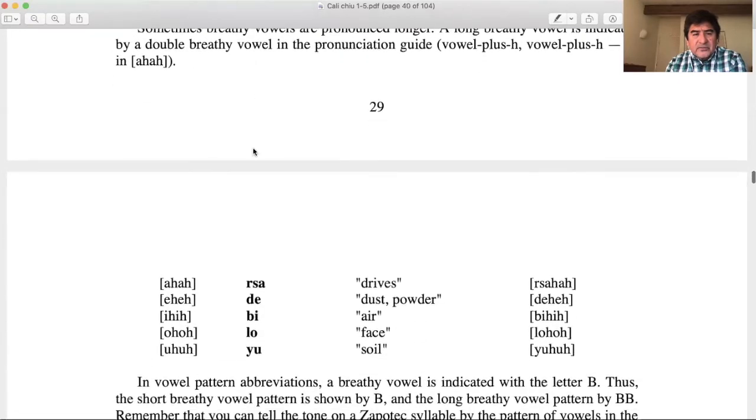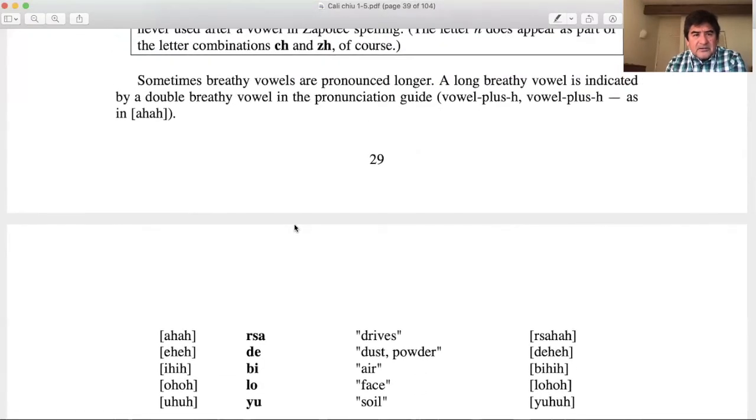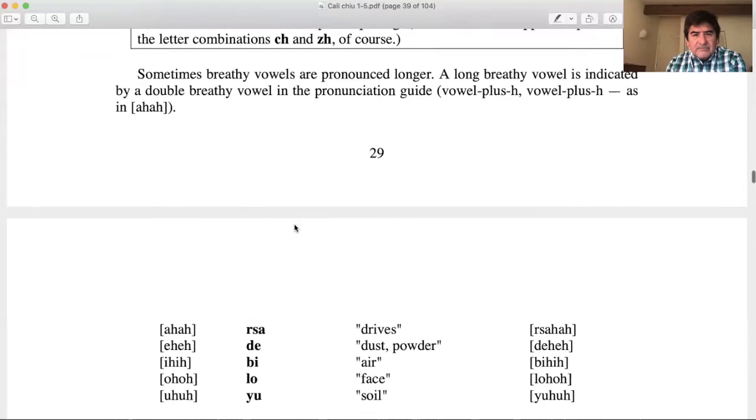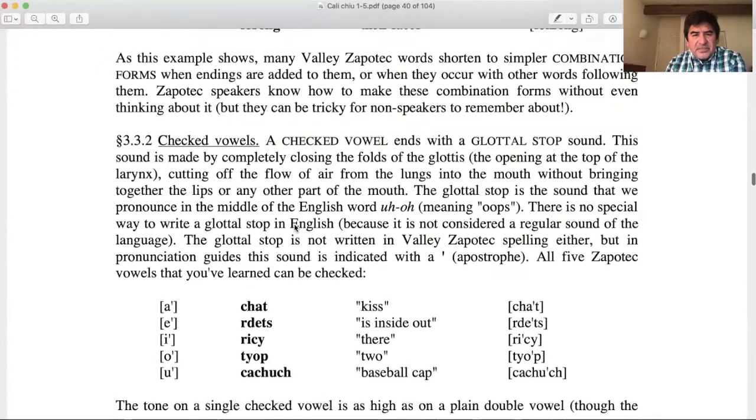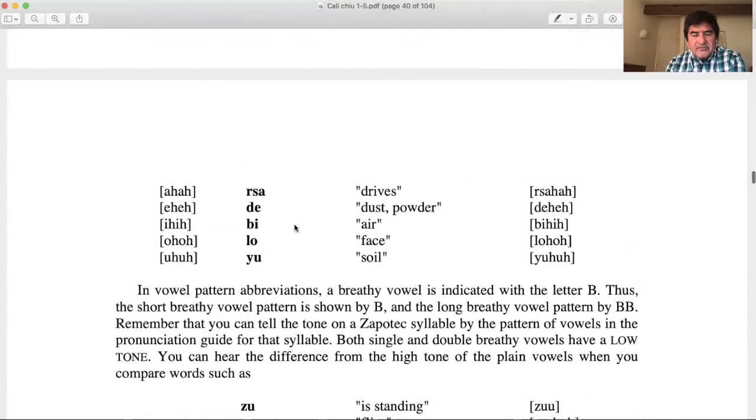You will hear them in other words as well. At the top of page 30, we have a different type of breathy sound, which is longer, as you can see on the pronunciation guide.